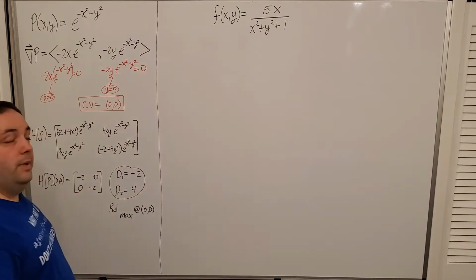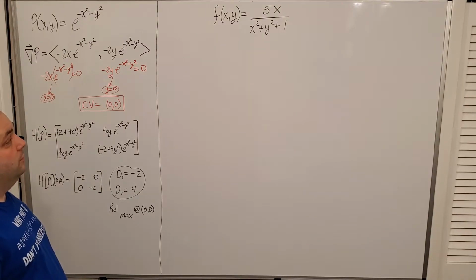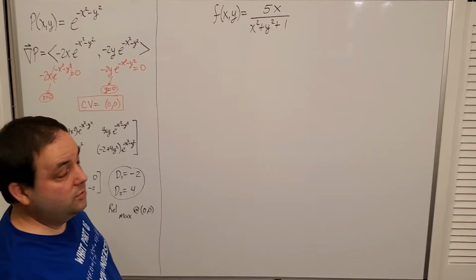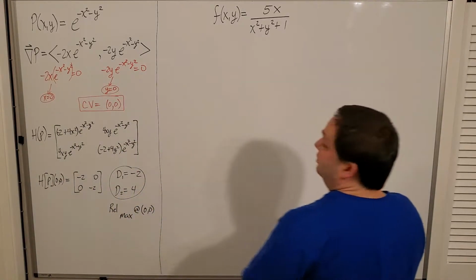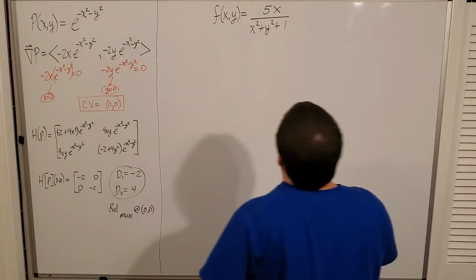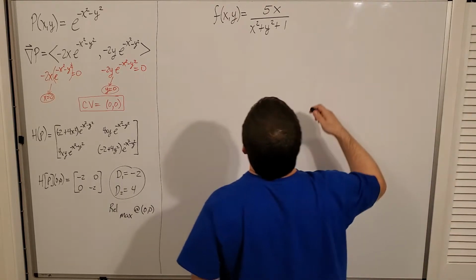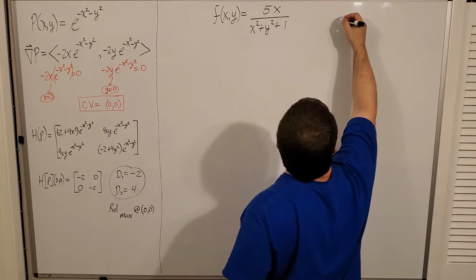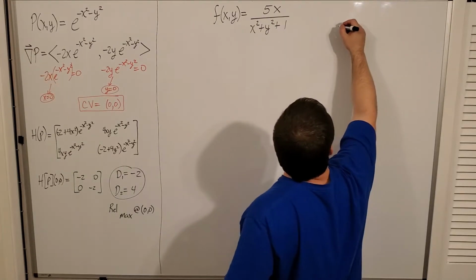Now, let's talk about the function f(x, y) equals 5x over x squared plus y squared plus 1. Okay? So we have a few quotient rules to dish out here. Let's go ahead and get all of those out of the way. Okay? So I'm going to do the partial derivative of f with respect to x.